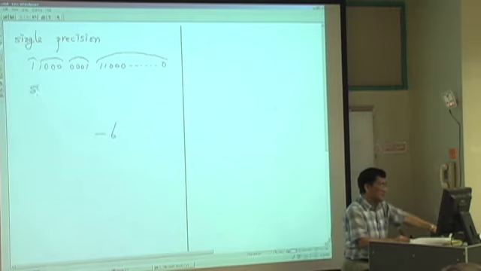So sign bit is 1, representing negative, right? Exponent bits 10001 means 2. And fraction bits mean 1 point and then 1 1.